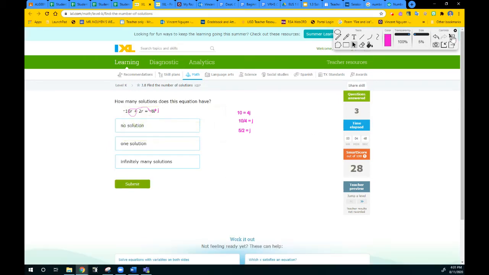Submit. Very cool. This one, I'm going to do one more and then I'll skip. As you can see, the 10r take away -10r plus 2r will give you -8r. And then the right-hand side is also -8r.